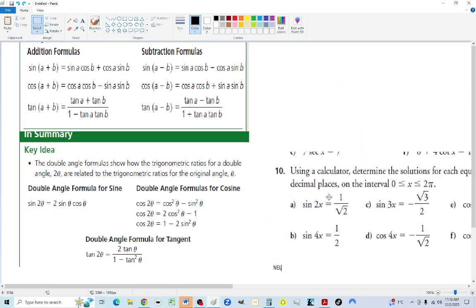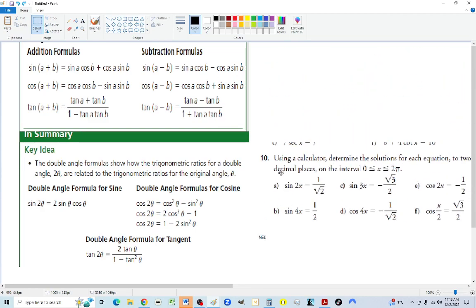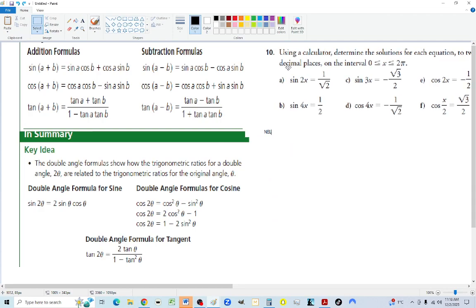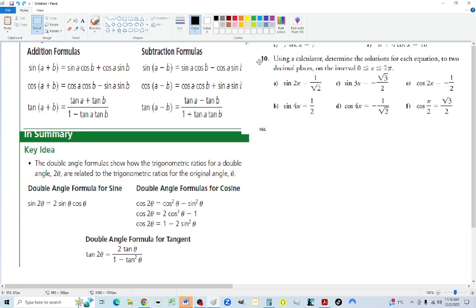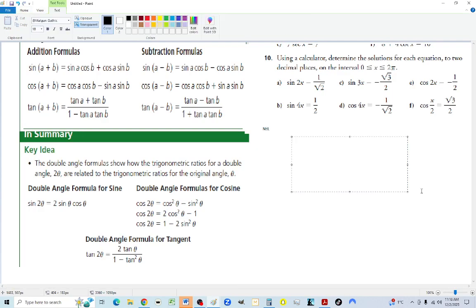So they want us to use a calculator. Okay, so how do you solve the first one? First of all, you got to isolate it. So now we know that sine 2x is equal to 1 over square root of 2.